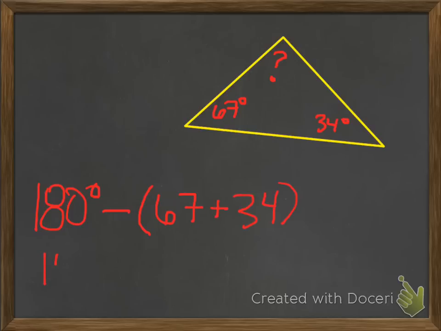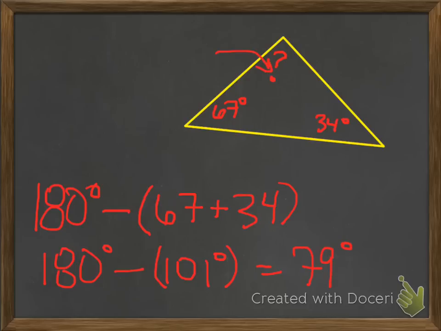So that gives us 180 degrees minus 101 degrees, since 67 plus 34 is 101. If you take 180 and subtract 101, you get 79 degrees. So that means that this angle is 79 degrees. All right, so that is easy.